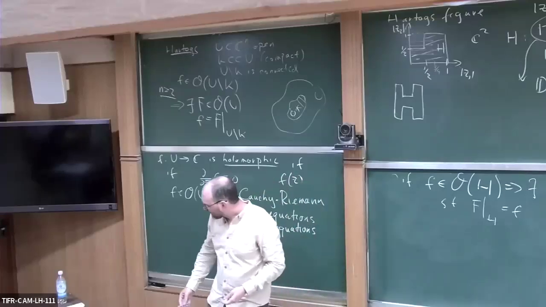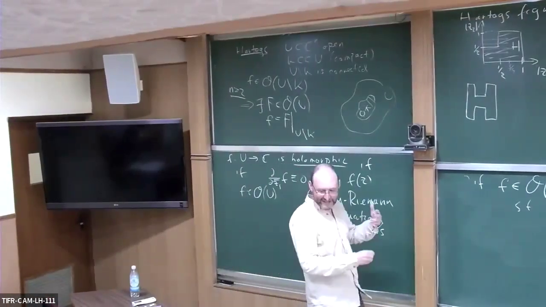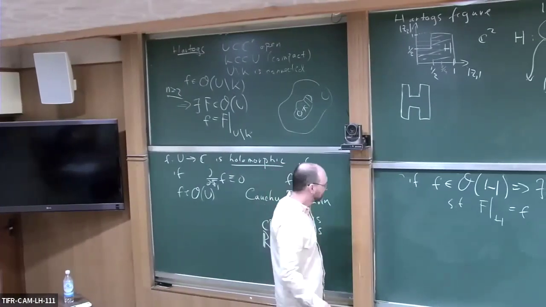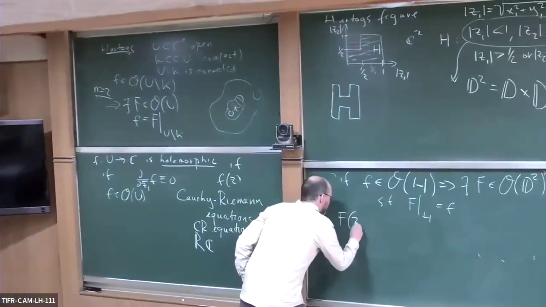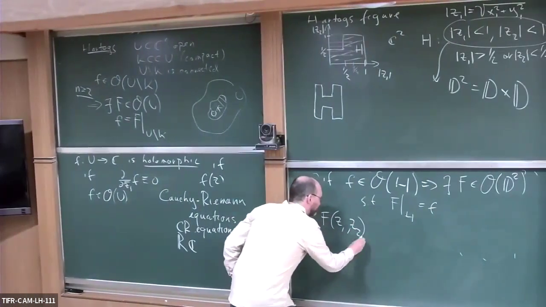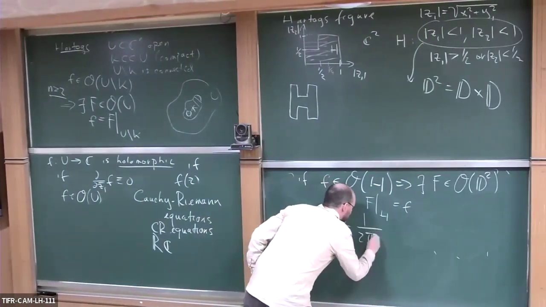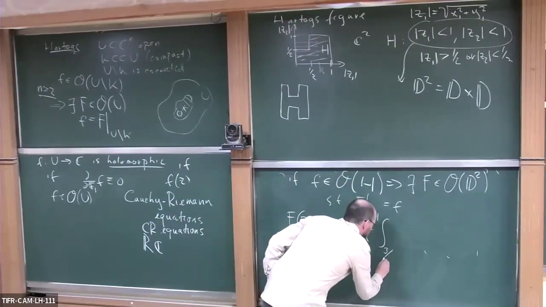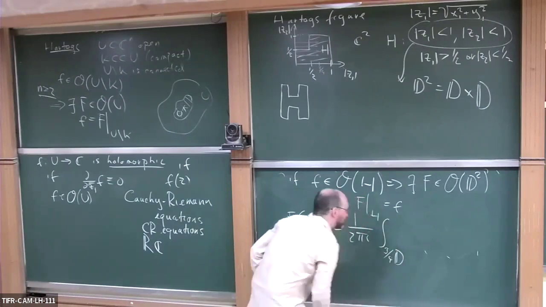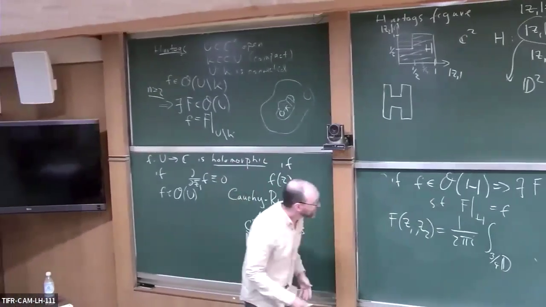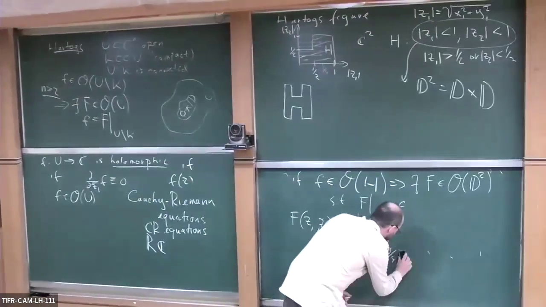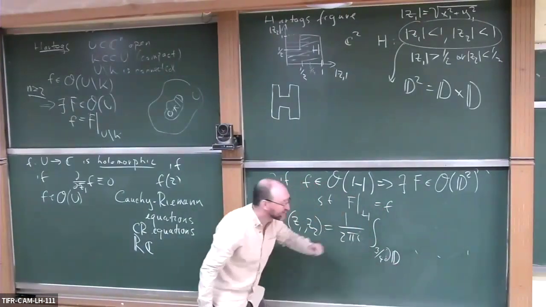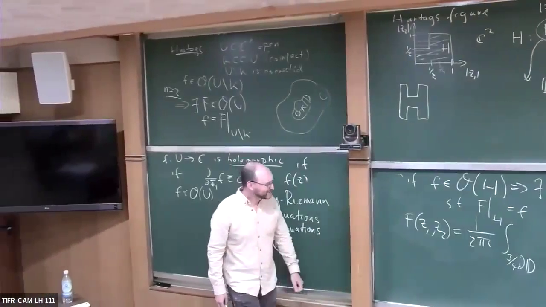And so in this case, I can write down an exact formula for big F. F of P1, P2 by an integral now, over the boundary of the disk of radius 3/4, so I'll write it like this.